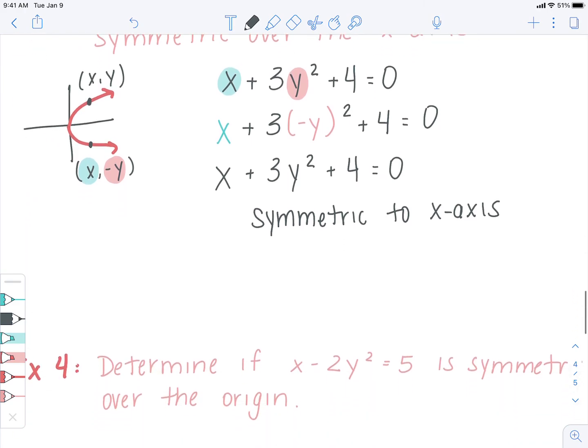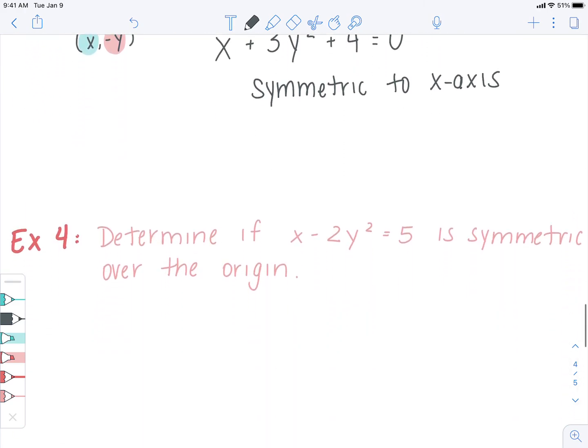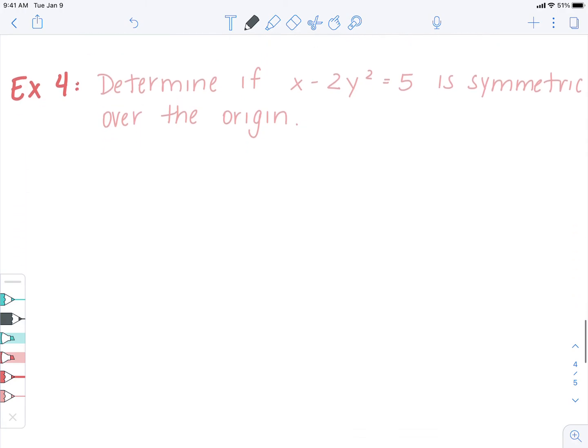All right, this last example wants to know if x minus 2y squared equals 5 is symmetric to the origin. So I know when I'm looking at origin, if I didn't remember, it was things that looked like this. And any time I was plugging in x and y, I also have to have negative x and negative y.